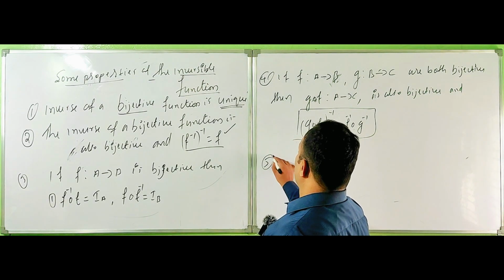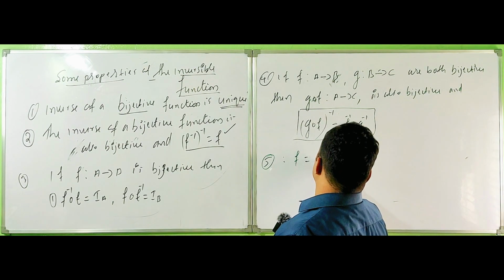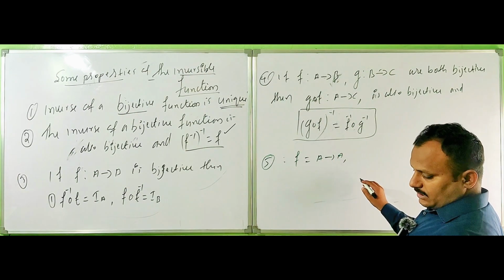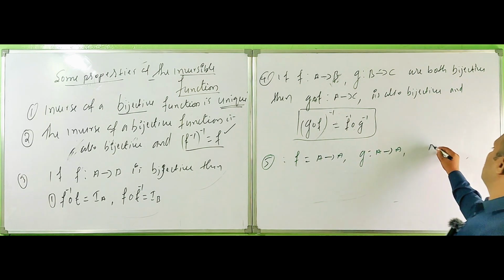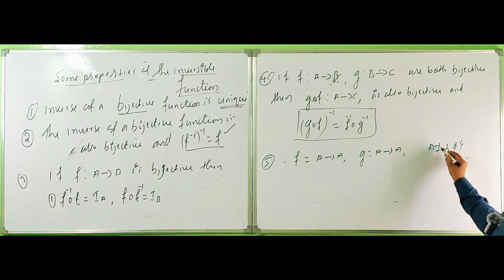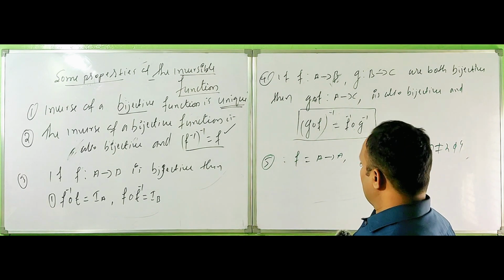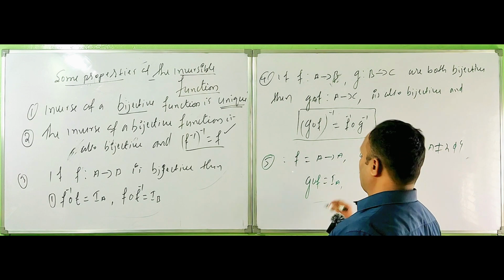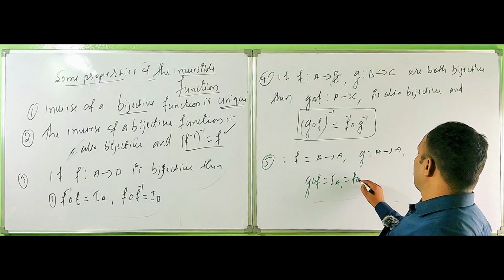Fifth one: f is a function from A to A, g is a function from A to A, and A is a non-empty set. We have two functions such that g∘f equals the identity function I_A, and this is equal to f∘g.